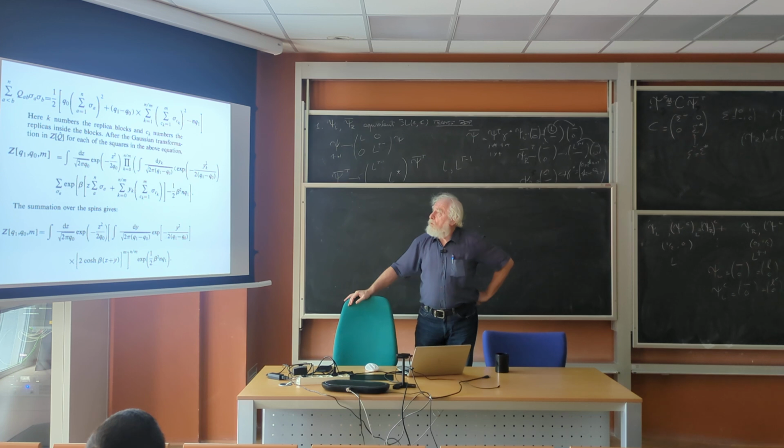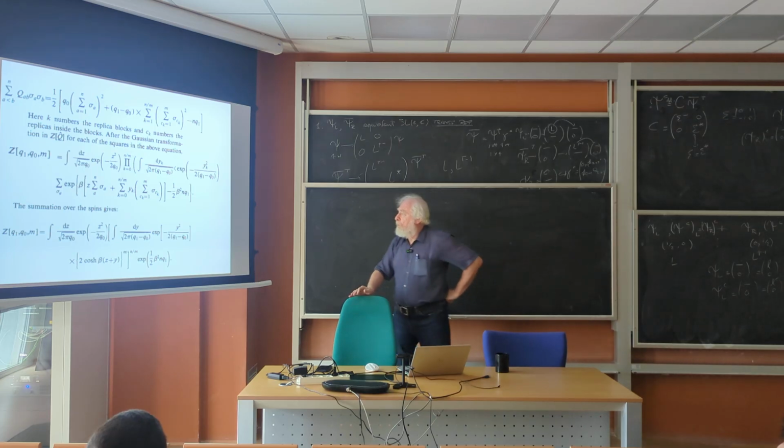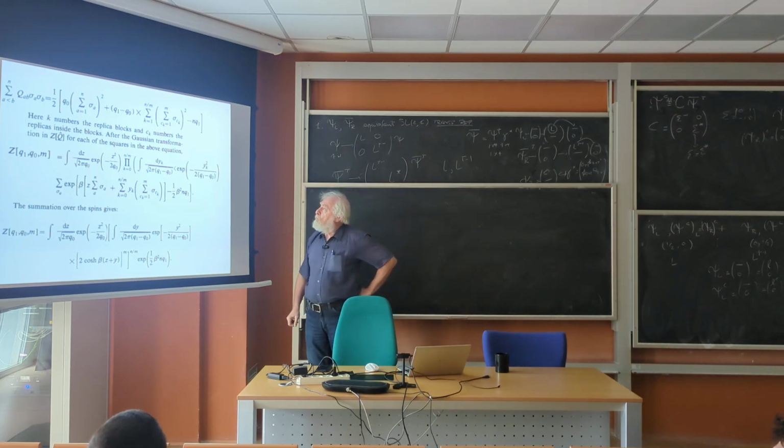And in order to calculate it, we need the trace over all sigma A. As before, we need to decouple different replicas, which is done again by introducing some arbitrary fields. When it was replica symmetric solution, we had just a single random field Z. Now we have many of them in order to reproduce the expression above.